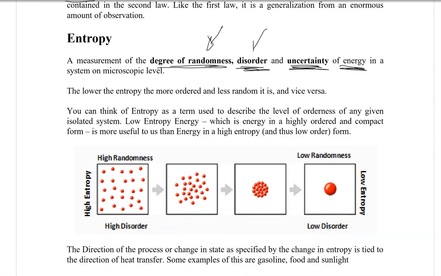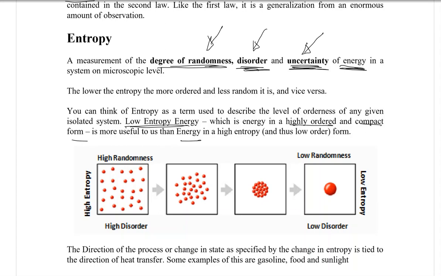The more the disorderedness increases, the more the entropy increases. The more the uncertainty increases, the more the entropy increases. So you might think of entropy in terms of orderness in an isolated system. Low entropy means a highly ordered, compact form of energy, and high entropy means a low-ordered, scattered form of energy.